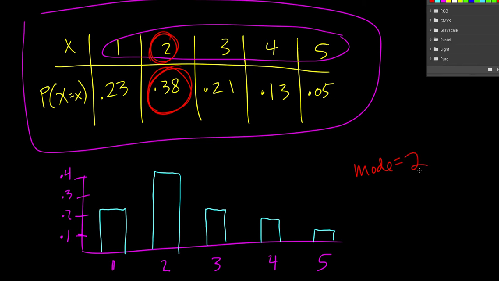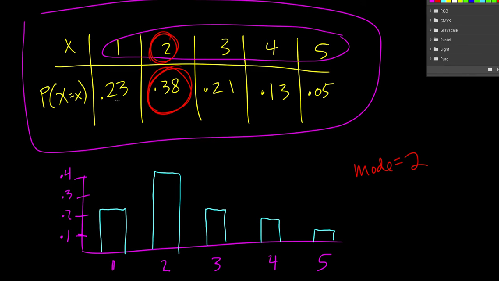Okay, now if we take our first probability and our second probability, we're going to start from the left and add until we get to 0.5. We basically want to find where the middle is.